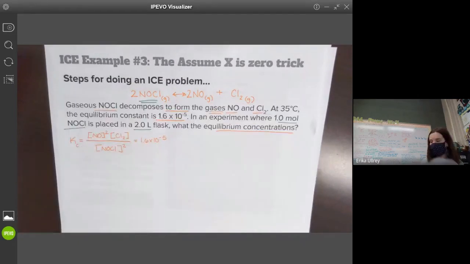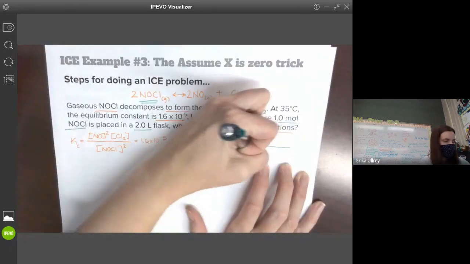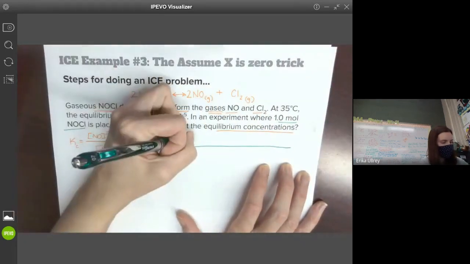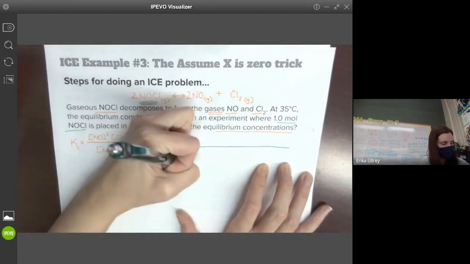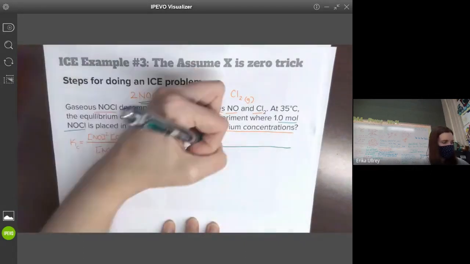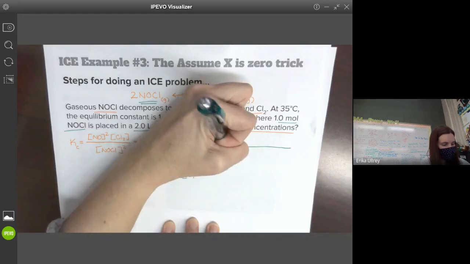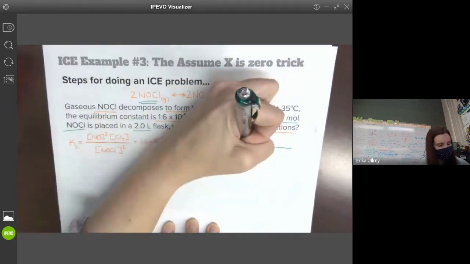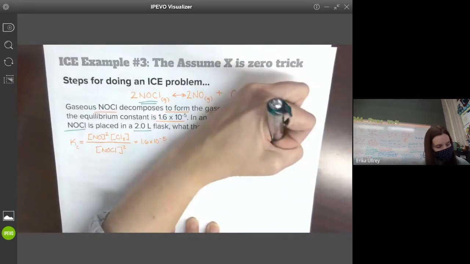Okay. So when we go to do this, we put this along the side. So I, C, E. We have our balanced equation, which is 2NOCl forming 2NO plus Cl.